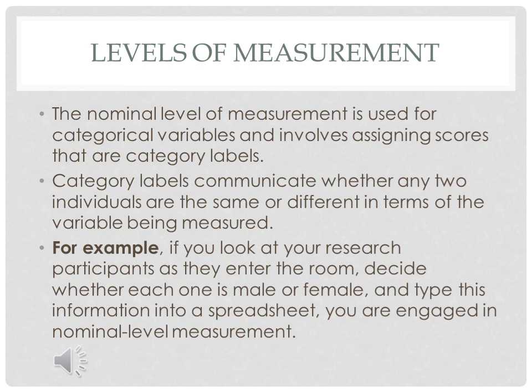For example, if you look at your research participants as they enter the room, you decide whether each one is male or female, and type this information into a spreadsheet. You are engaged in nominal level measurement.